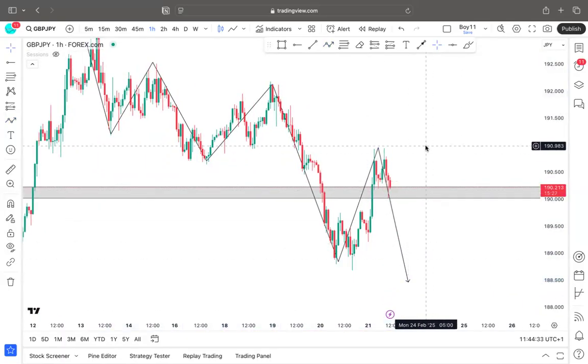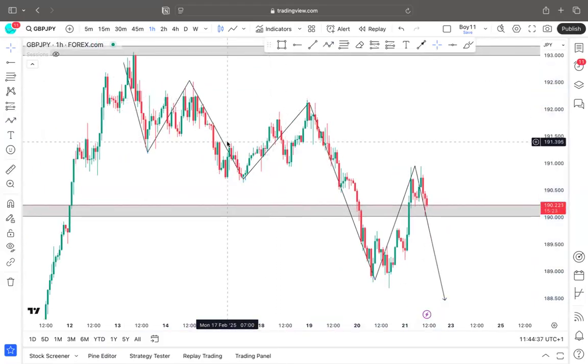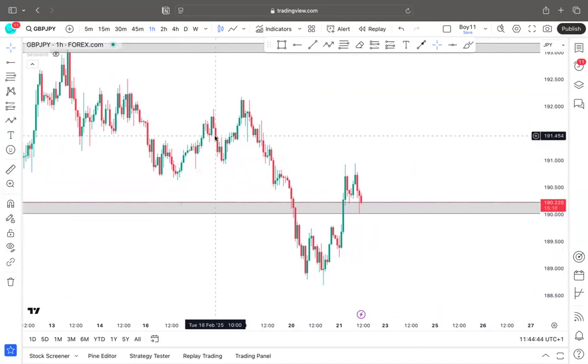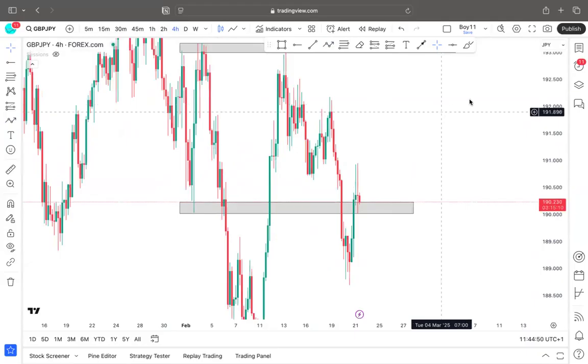So you can see even on the 1-hour time frame, there is major support and resistance level. There's a lot of noise on this 1-hour time frame. That is why I don't like drawing my major support and resistance level from the 1-hour time frame. I mostly do it from the daily and the 4-hour time frame.